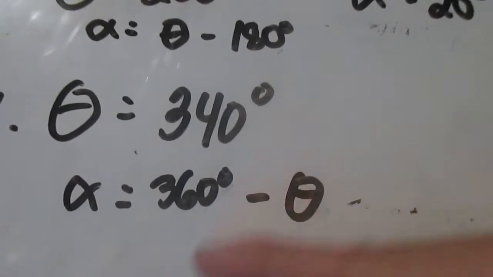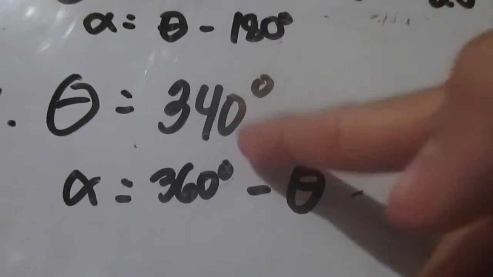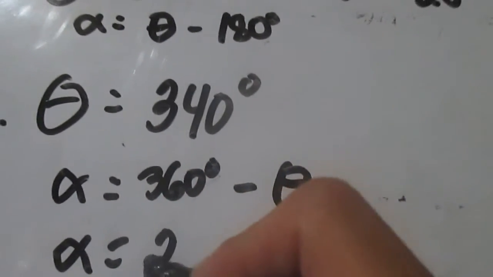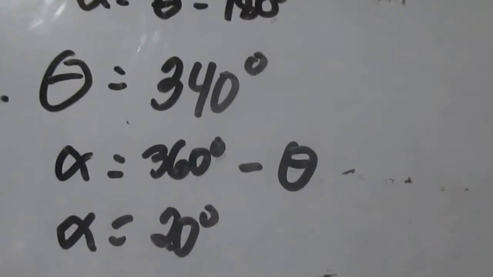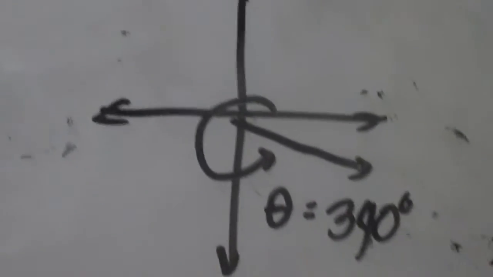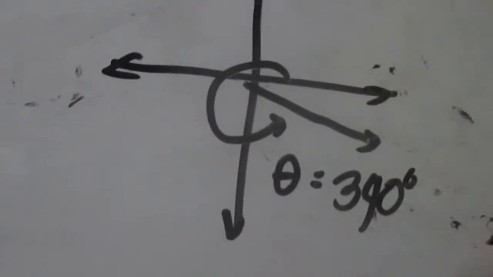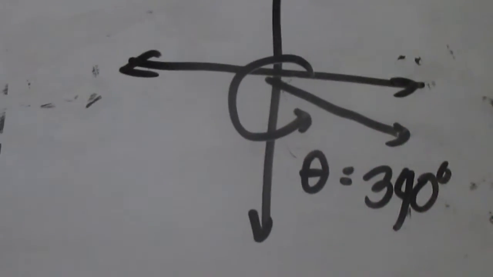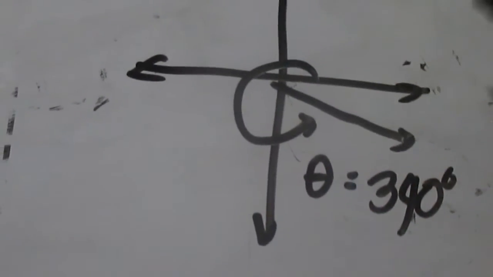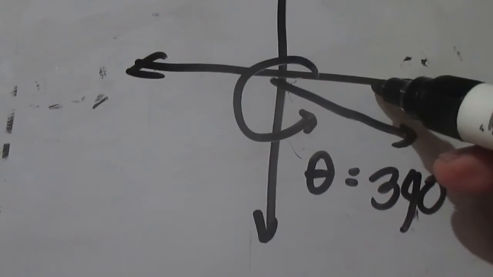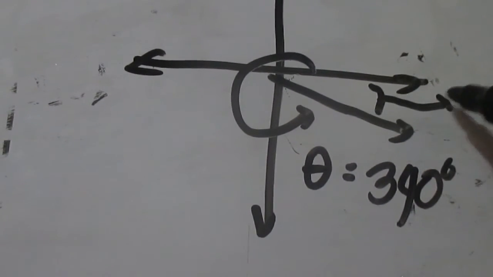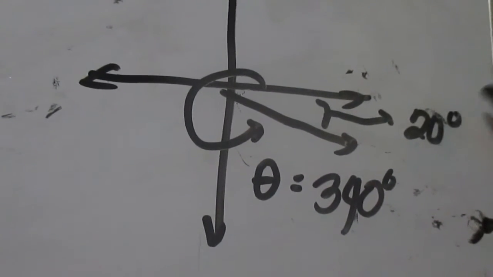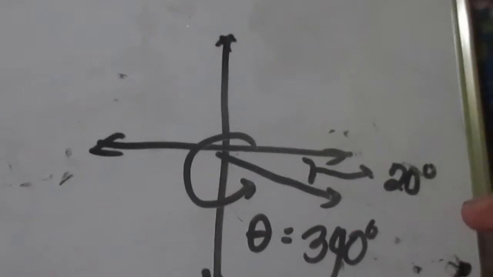If theta is 340, we have 360 minus 340 degrees. So the reference angle is equal to 20 degrees. So let's have the illustration. Here's the illustration for 340 degrees. So if this one is 340 degrees, we have the reference angle of 20 degrees. Okay, that's all.